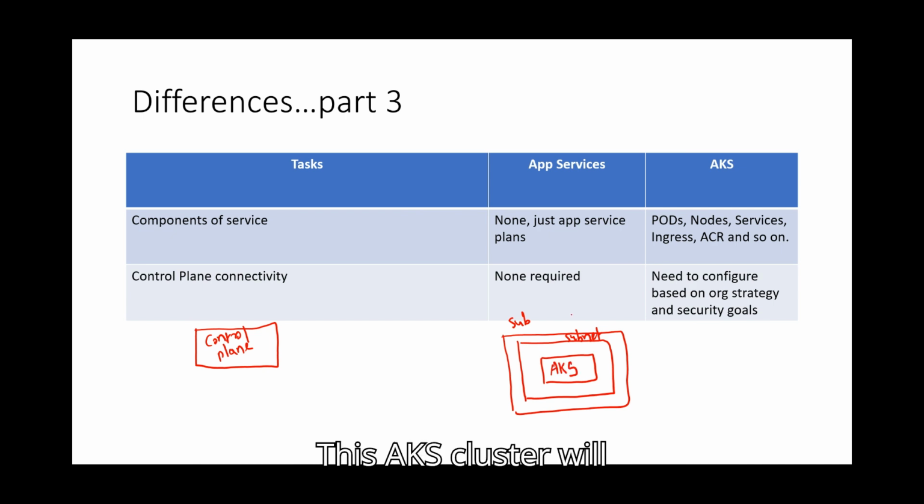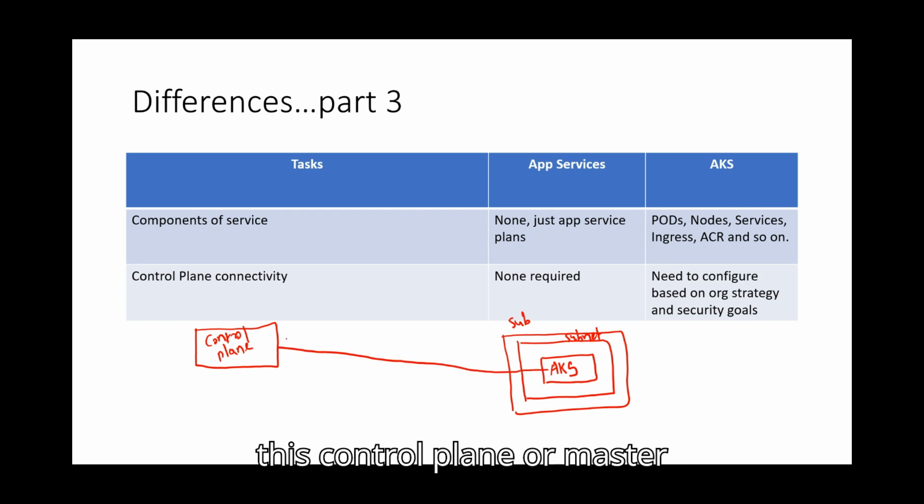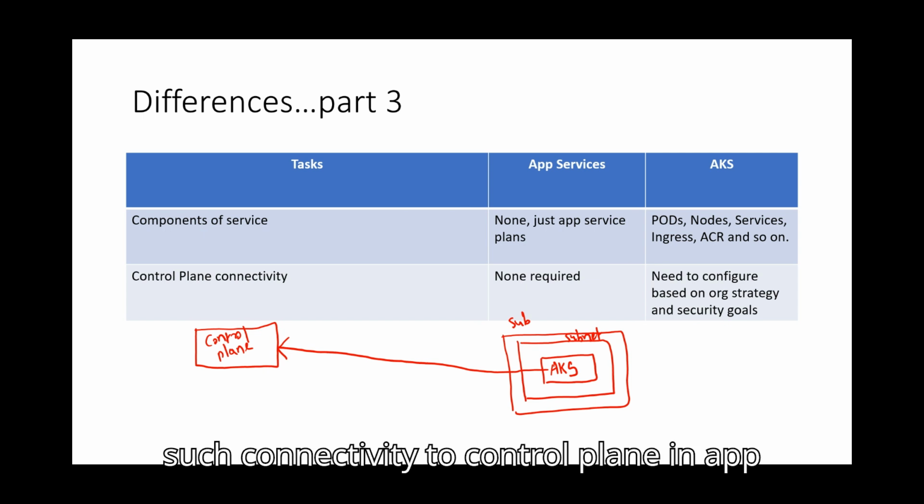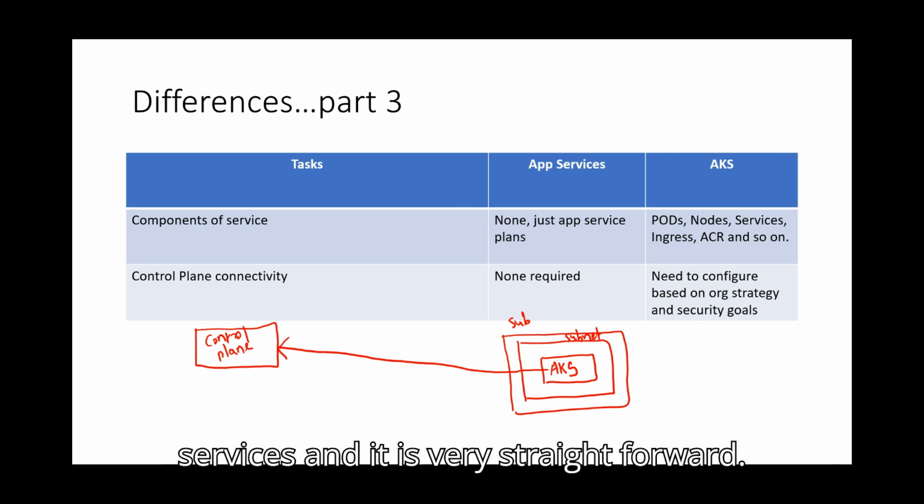This AKS cluster will always need connectivity to this control plane or master server or API server. Plus, if you want this connectivity privately, then it adds more complexities to networking. We don't need any such connectivity to a control plane in app services, and it is very straightforward.